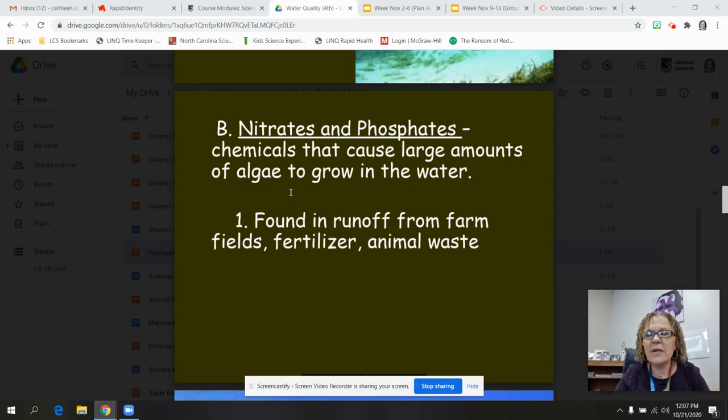Now, nitrates can also be found in our groundwater, all right? Not just in our reservoir, but also in our groundwater. And the thing about nitrates is we cannot see them, we cannot smell them, and we cannot taste them in our water. So they go totally undetected.